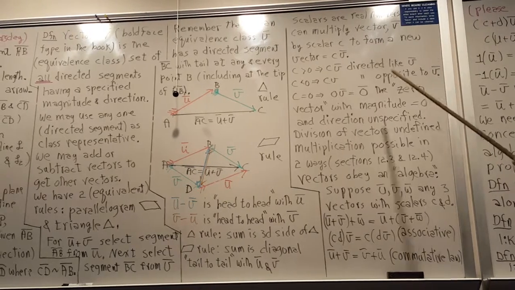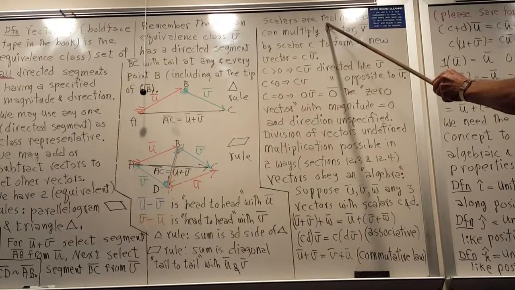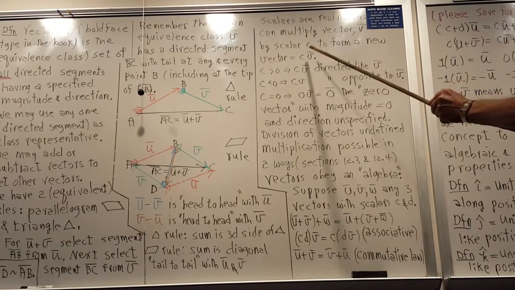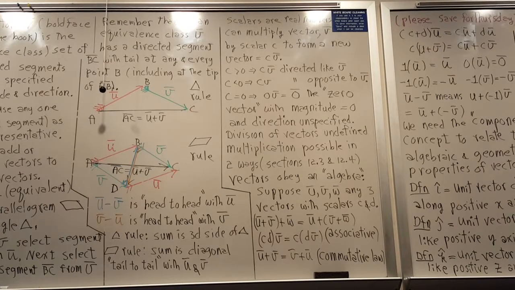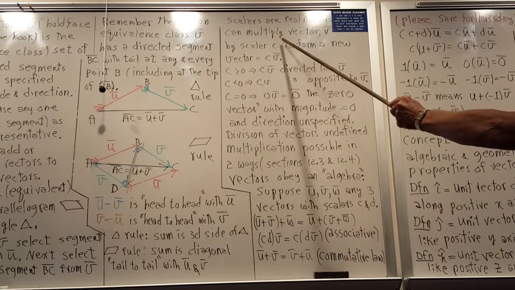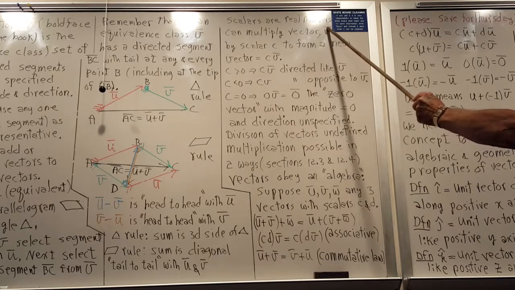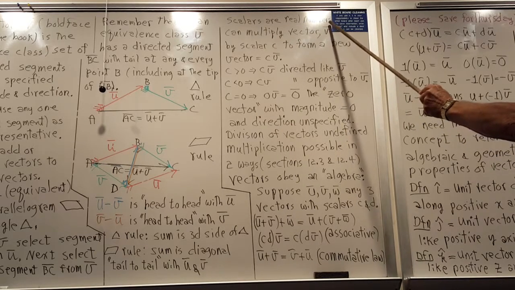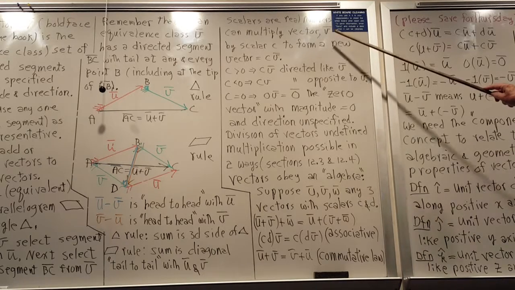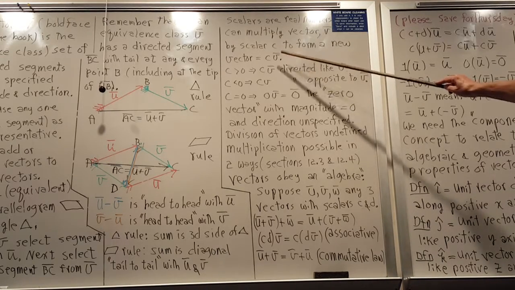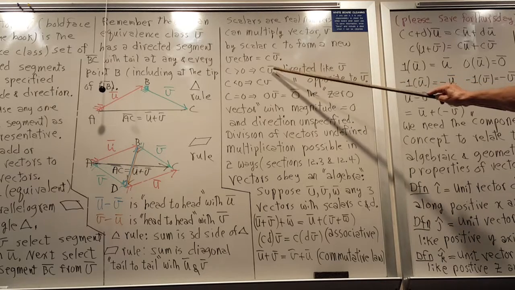So scalars then are real numbers as opposed to vectors where there is this sense of direction as well as magnitude. You can multiply a vector, again, remember I put a line on it if I'm doing handwriting, and it's boldface type if it's printed in the book. You can multiply a vector by a scalar to form a new vector.